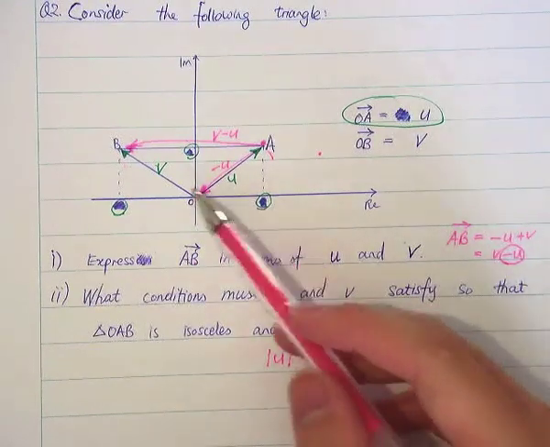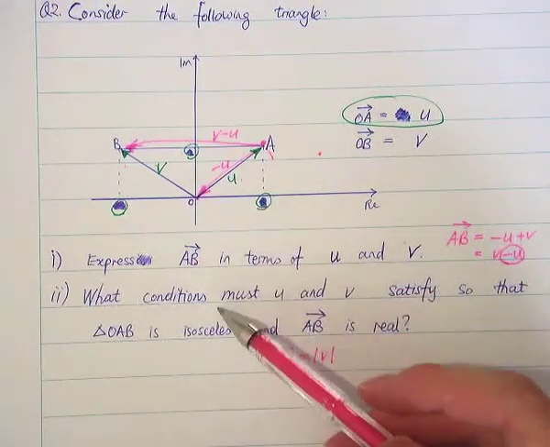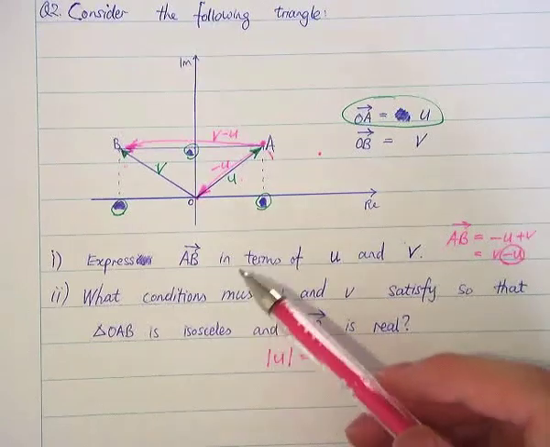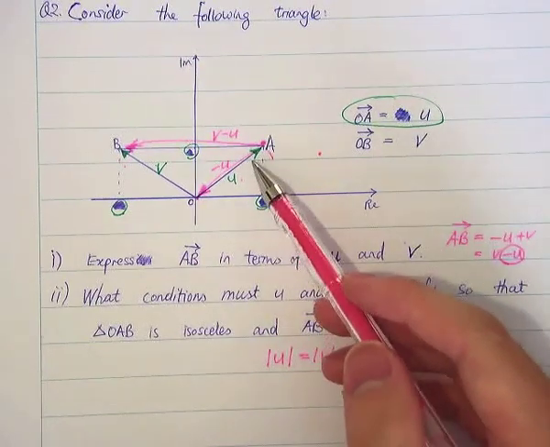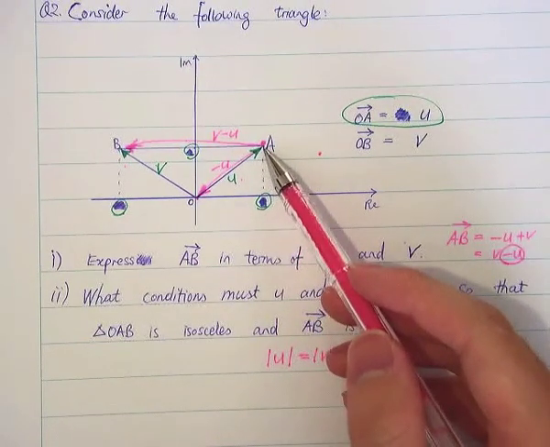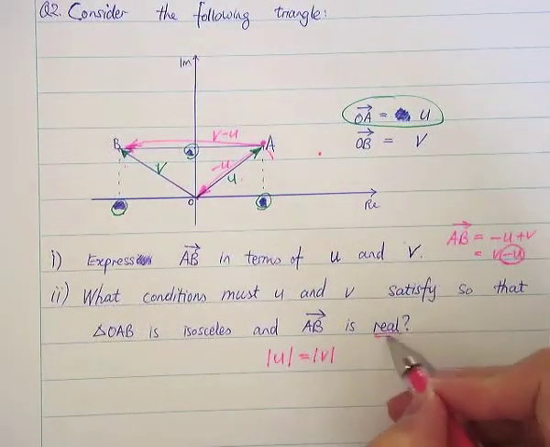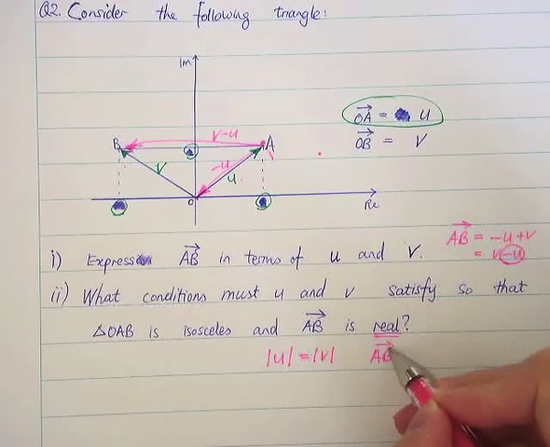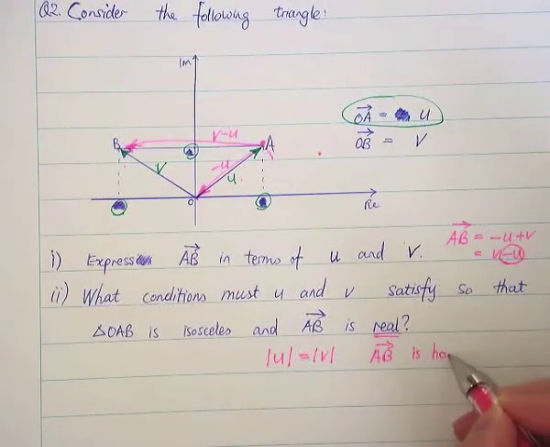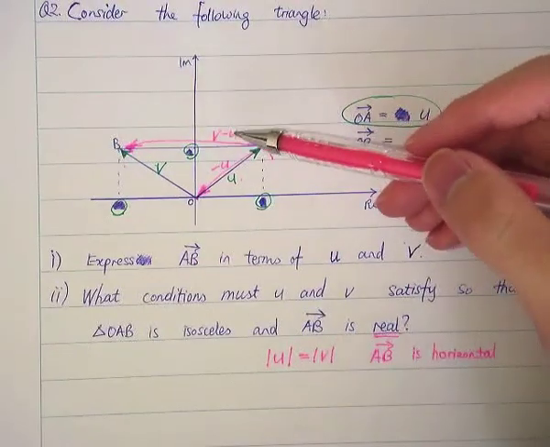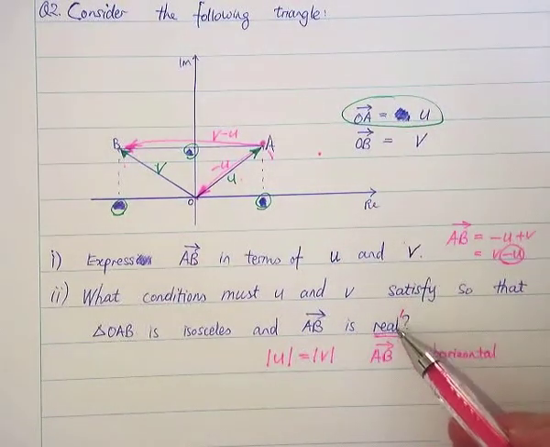So these rays must be equal in length, clearly, for an isosceles triangle. But what's more is that we need a way to explain how we can make AB real. In terms of real, this actually means that the vector AB is exactly horizontal. It doesn't have any vertical components, which is why it's real.